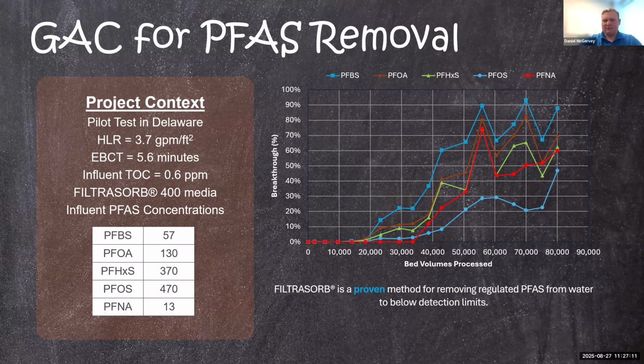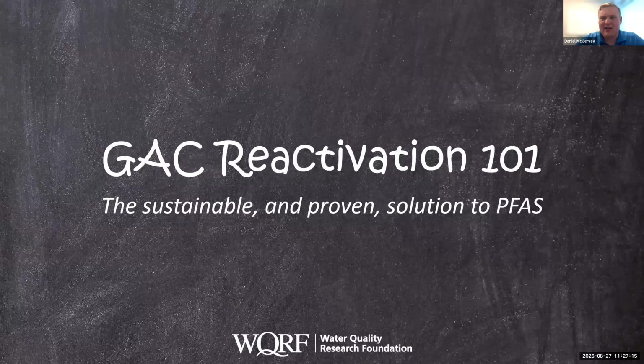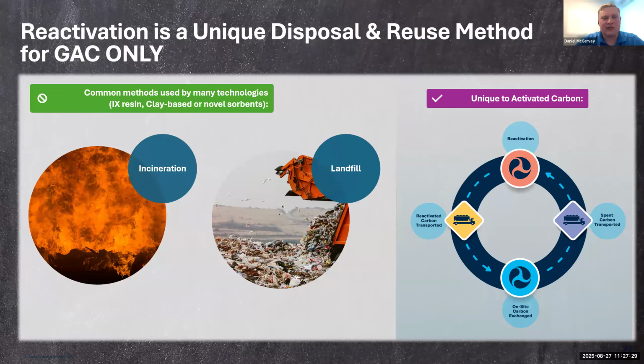I also want to touch on GAC reactivation. As I mentioned, activated carbon can be reactivated and reused. It's really a sustainable and proven solution to PFAS and trying to end the PFAS cycle in general. So first, reactivation is a unique disposal and reuse method for GAC only.